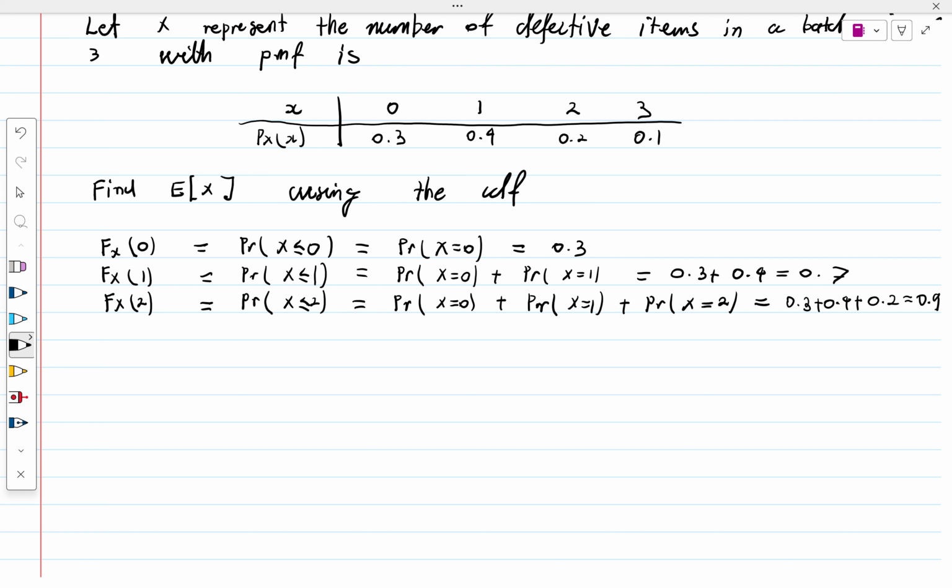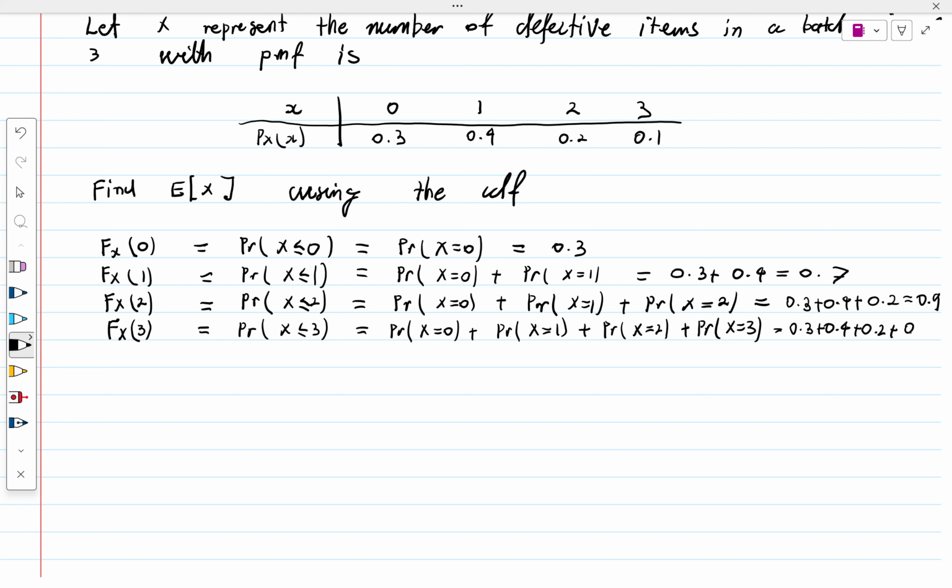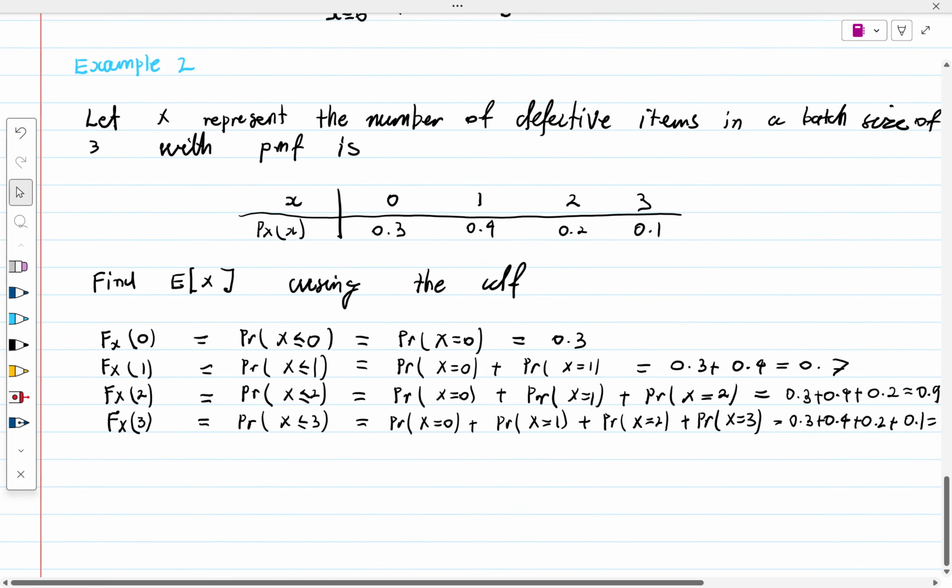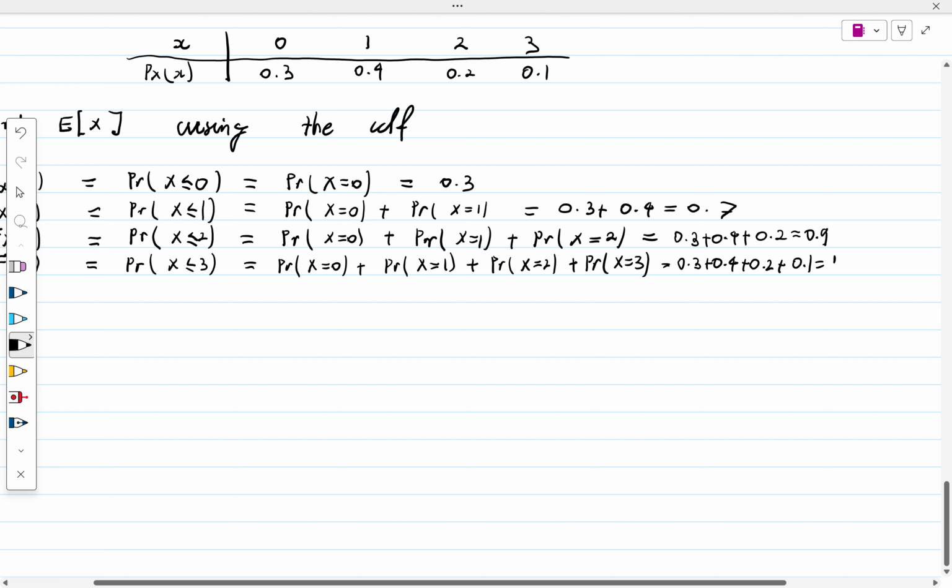And finally, F_X of 3 is equal to the probability that X is less than or equal to 3, which is the probability X equals 0 plus X equals 1 plus X equals 2 plus X equals 3, which is 0.3 plus 0.4 plus 0.2 plus 0.1, simply equal to 1.